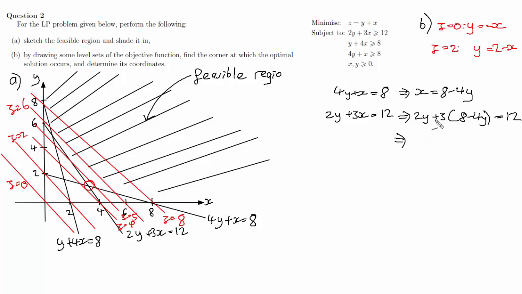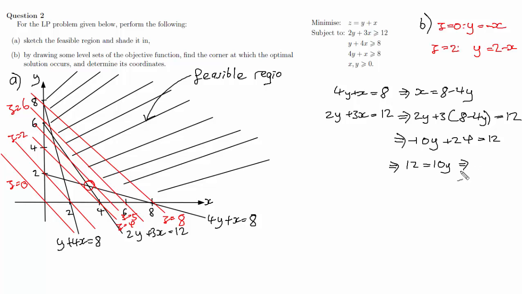So 2y minus 12y is minus 10y, plus 24 equals 12. And moving things around, we get 12 equals 10y.